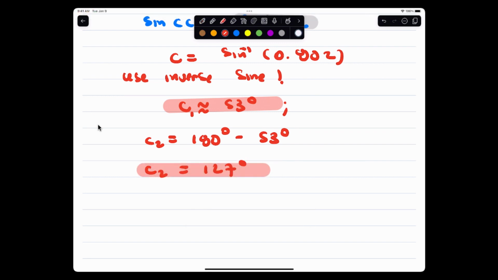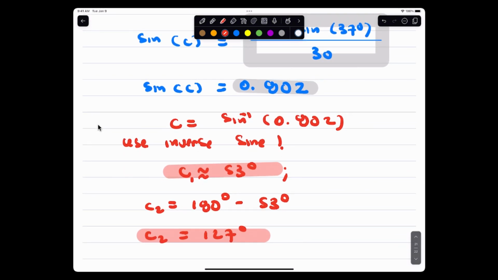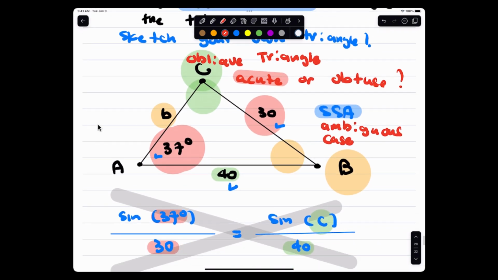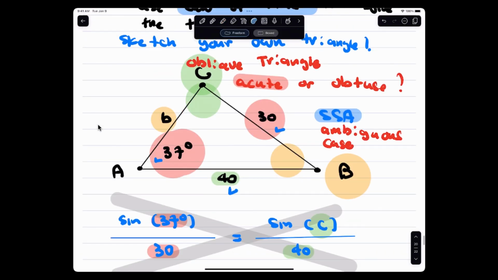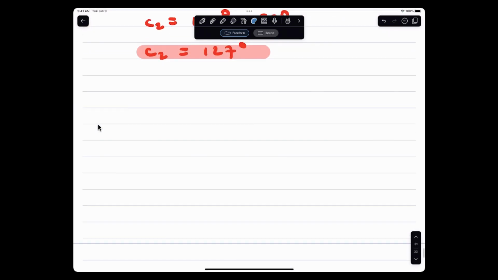So I'll do all that now, ladies and gentlemen, because let's get the two angles now, just in case. There could be two solutions. We don't know. So what I'll do is I go back now here. Let's go back here. We're going to get this triangle here. C1 is 53 degrees.